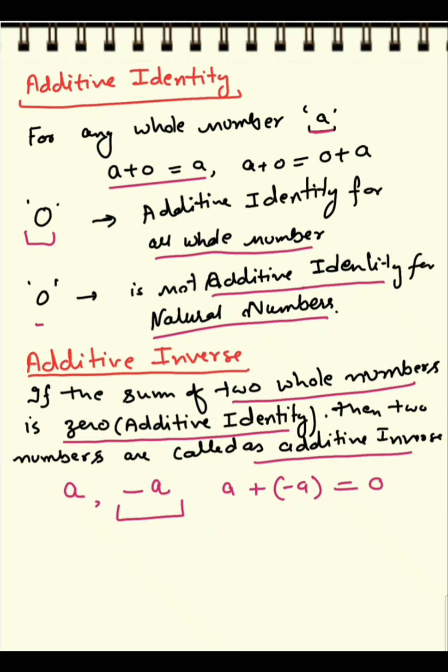But we know that minus A is not a whole number. So we can say that there is no additive inverse for whole numbers. And for natural numbers also we don't have any additive inverse.